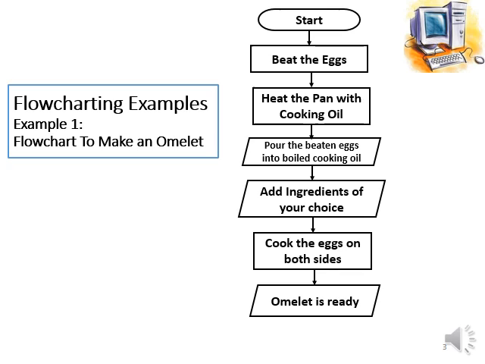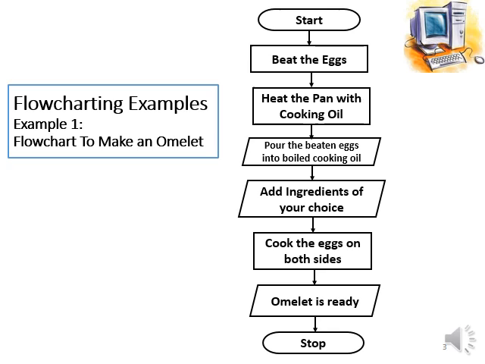So at the end we got the omelette, and it must be represented by the parallelogram because it is an output, and as I told you that the input and output both are represented by the parallelogram. So omelette is ready, which is an output, and at the end we have to put the terminal symbol.